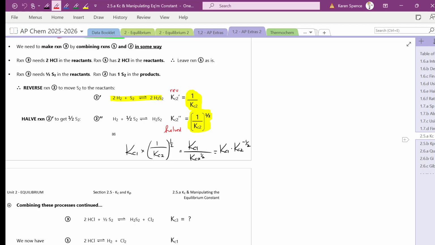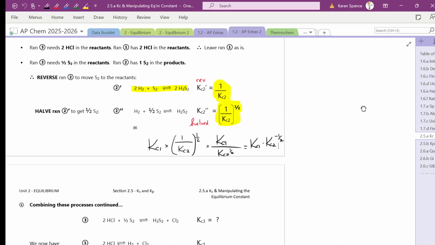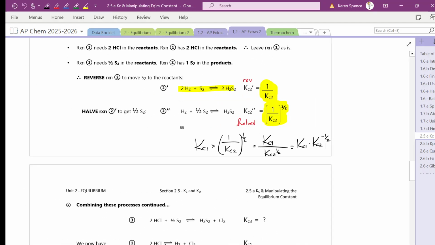So anything from 2.5 or 2.6 that you haven't done, you can work on now. I also had a few people decide they wanted to work on the overall review for the unit. I'm going to leave that up to you. Okay, but we are going to have a little bit of a work class this class.